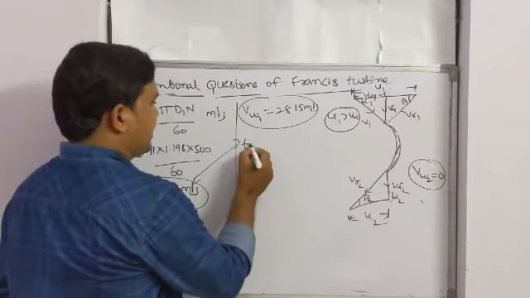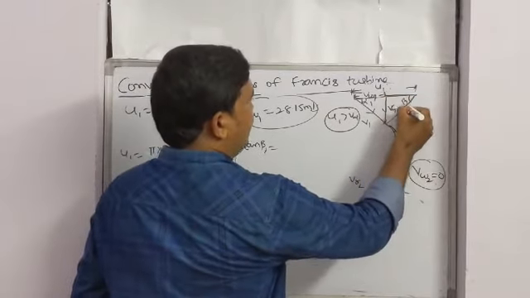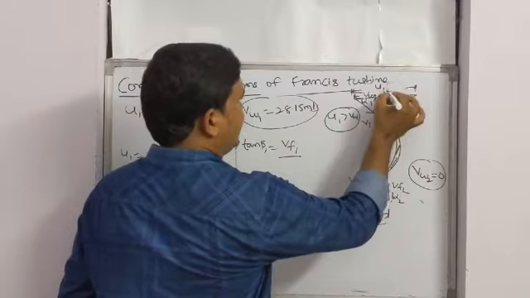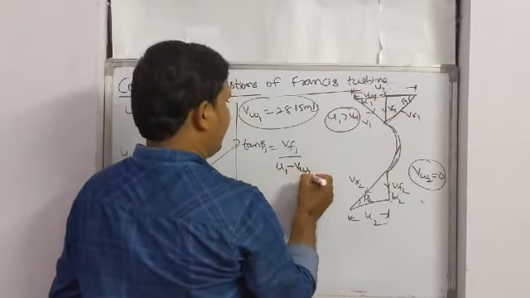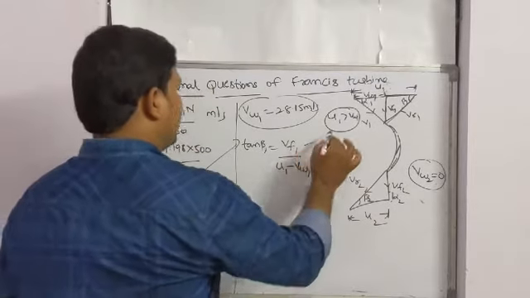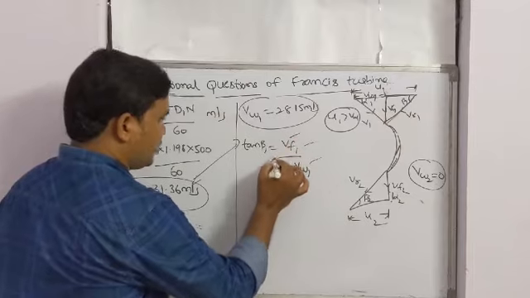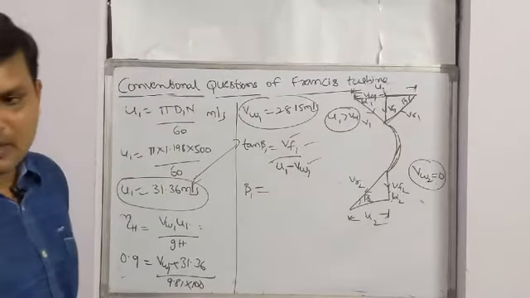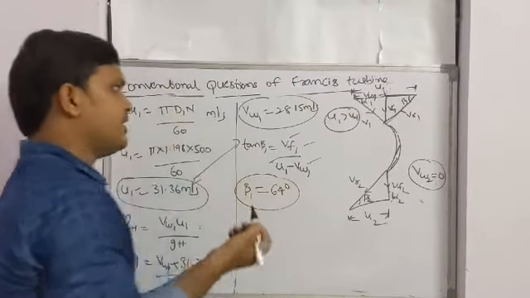Tan beta 1 is equal to the opposite side Vf1 over the adjacent side, U1 minus VW1. Vf1, U1 and VW1 we know. By substituting Vf1, U1 and VW1, beta 1 we got as 64 degrees. So beta 1 is completed.